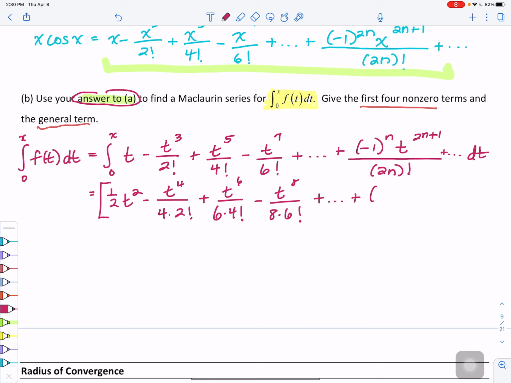Okay, let's do the same thing. Don't worry about these terms. We're not using those for integration. The constants just go along for the ride. And let me put that right over here, 2n factorial. And now I'm going to add 1, and I'm going to divide by that. Okay? Plus dot, dot, dot.